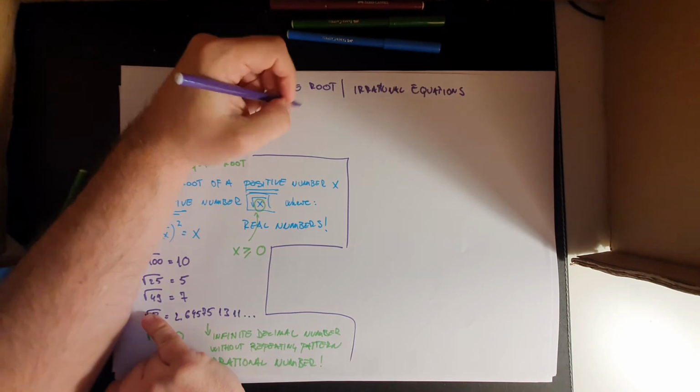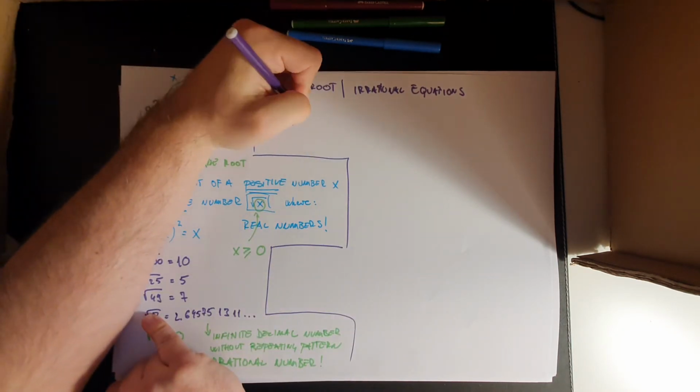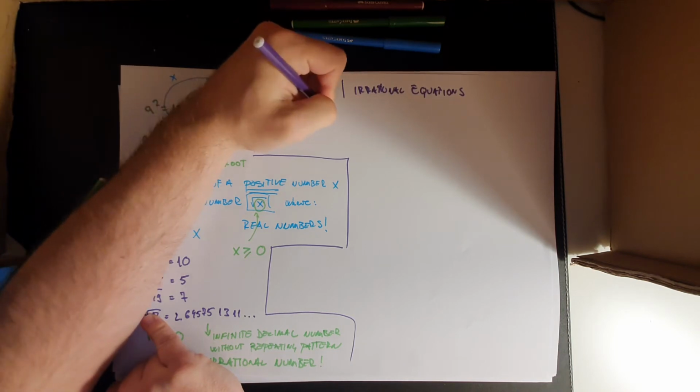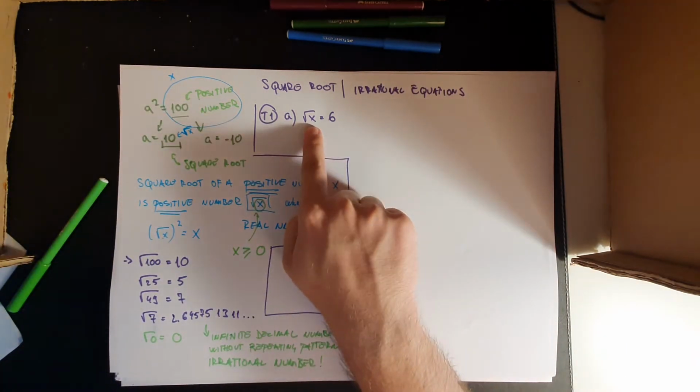So let's start with task 1a, and in this task, let's start simple enough. Square root of x equals 6. So this is an irrational equation. Why? Because the unknown, the x in this case, appears inside of the root.